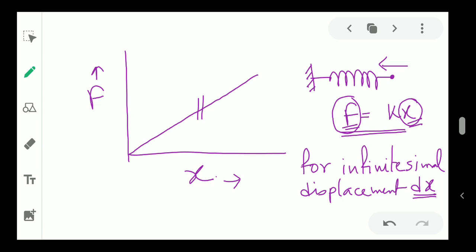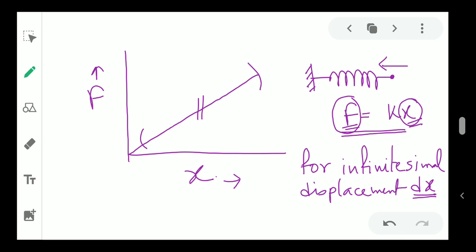For the small displacement, the variation of F, that is the change of F, will also be very small, right? So we can take that small F as a constant. We cannot take the total force from here to here as constant because we can see it's changing.